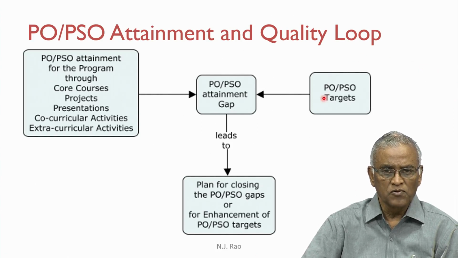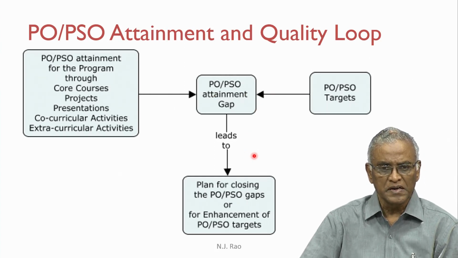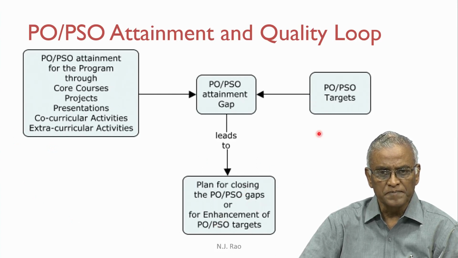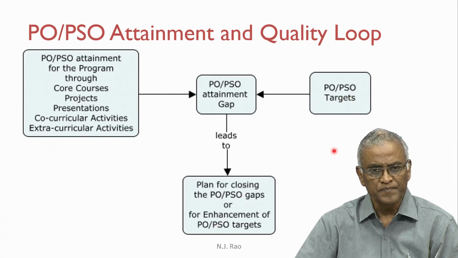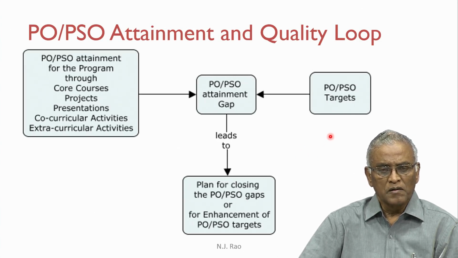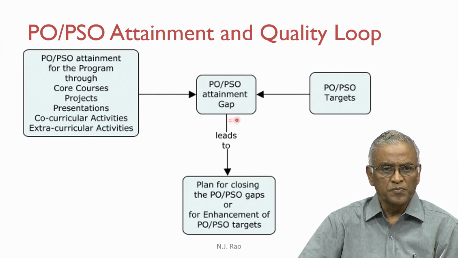The difference between the two is the attainment gap, and that should lead to a plan for closing the PO PSO gaps or enhancement of the targets. We are not showing the feedback loop around this, that is implied. So, this is the relationship for closing the loop around PO PSO.